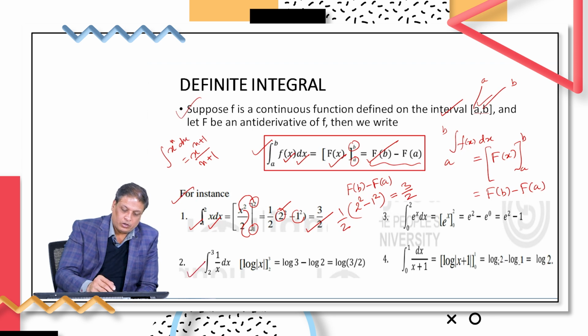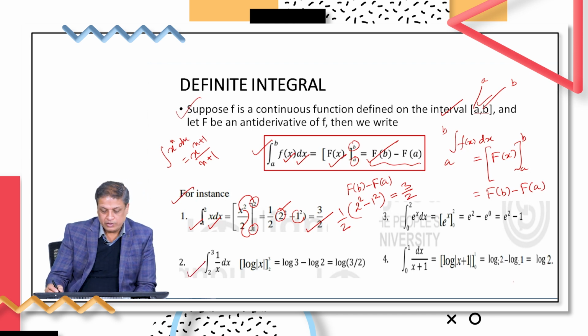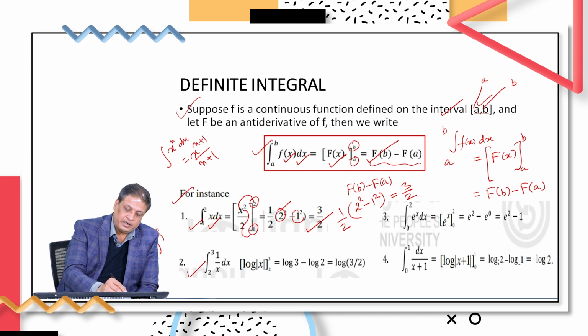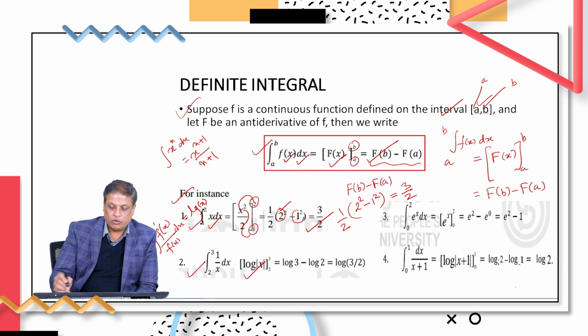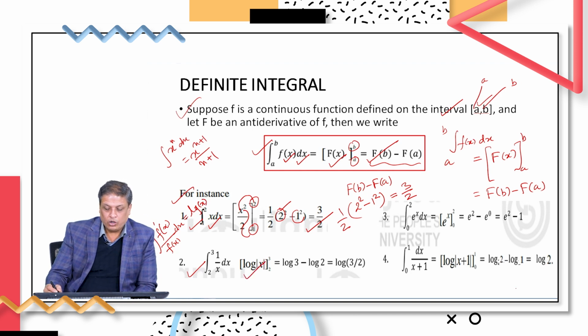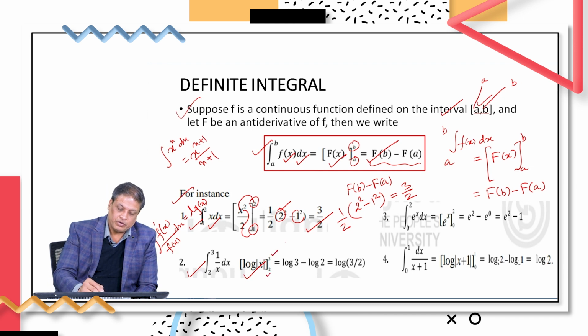Similarly, you can apply the concept to other equations. Likewise, this integral is to be found: 1 by x dx in the interval 2 to 3. We already learned that the integral of f dash x upon f(x) is equal to log of f(x). We learned this in our earlier session. Applying the formula, you will get log of x, to be evaluated in the interval 2 to 3.